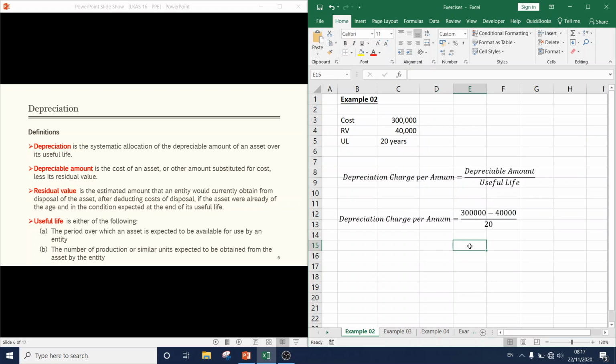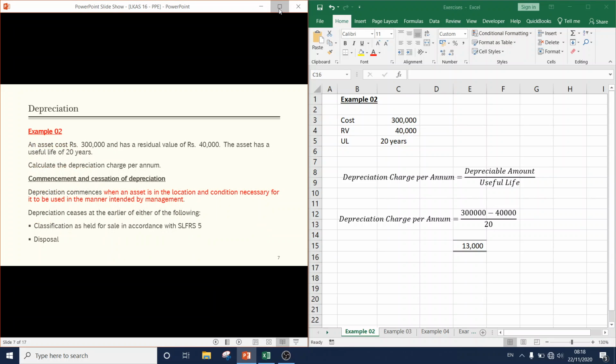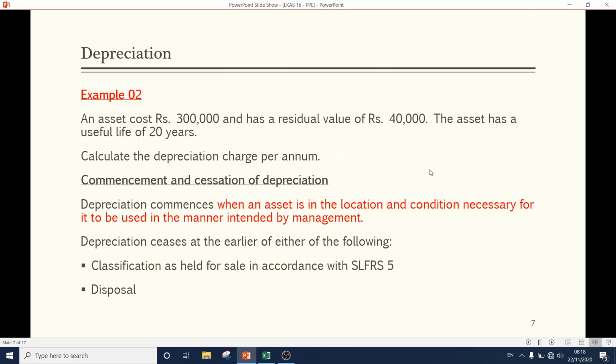Therefore, the depreciation charge per annum: 260,000 over 20, that is 13,000. So 13,000 should be the depreciation charge per annum. That is example number 2.